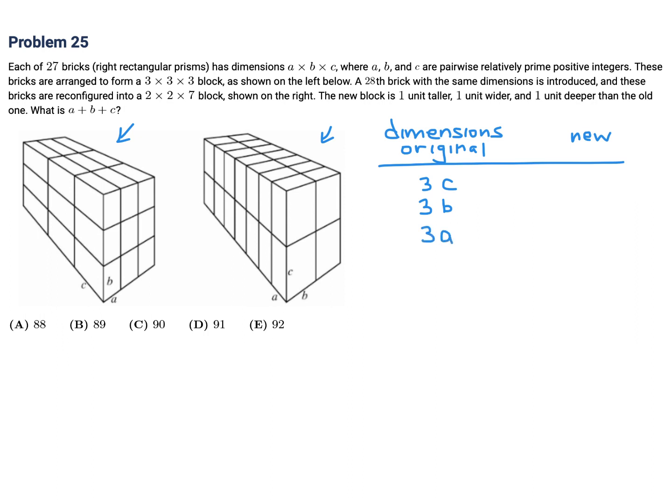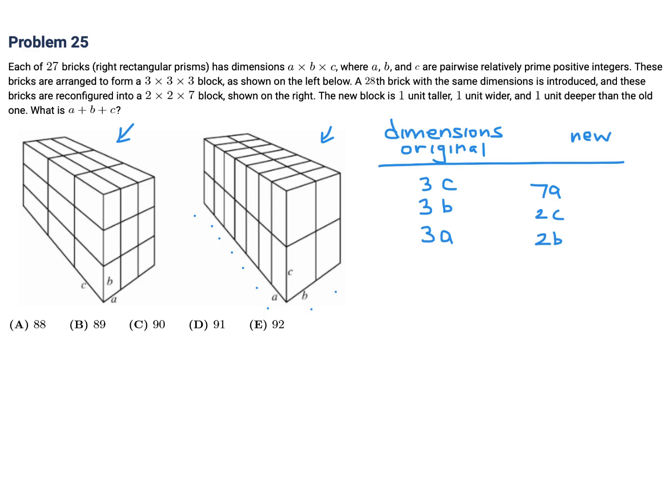And then the new one: how many A's do we have? 1, 2, 3, 4, 5, 6, 7. So 7A. The top to bottom would be 2C, I believe, and then here 2B.